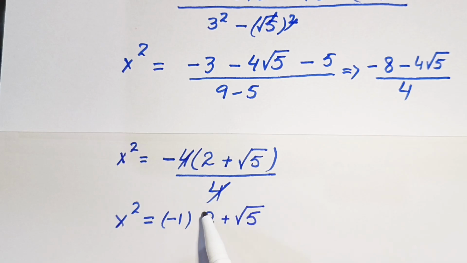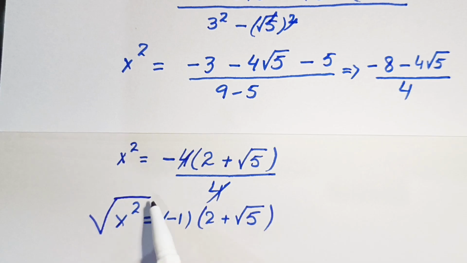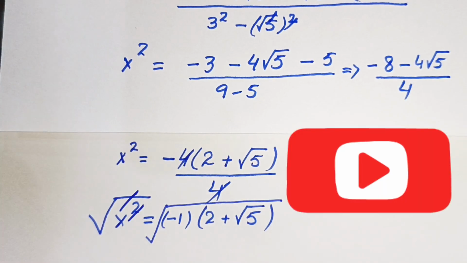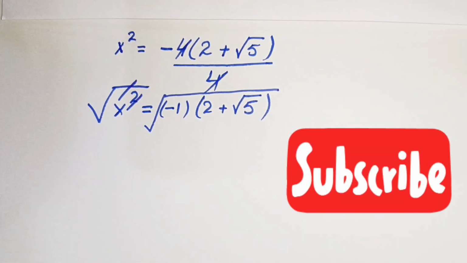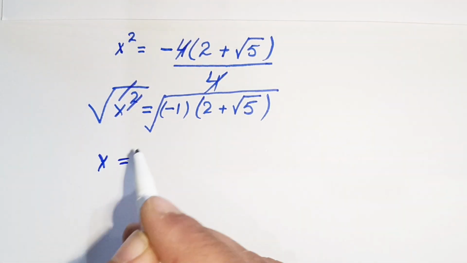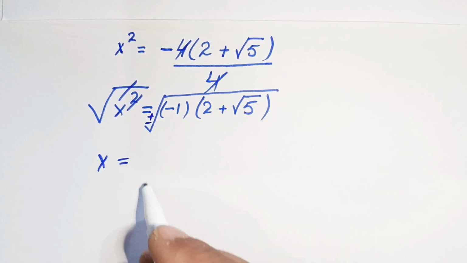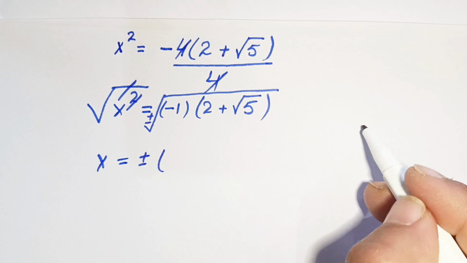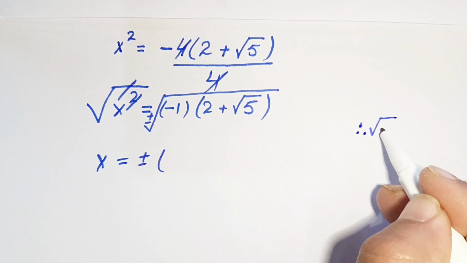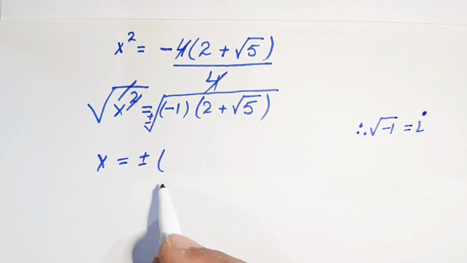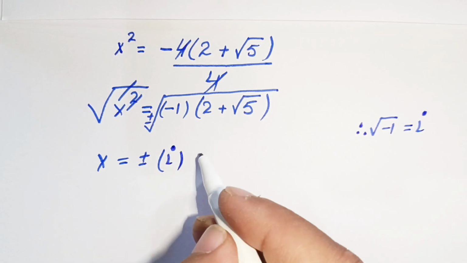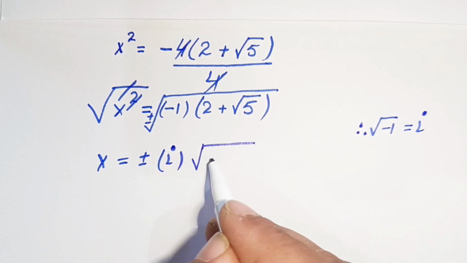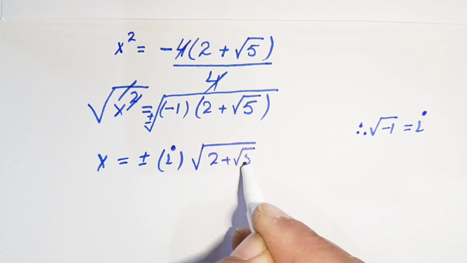So now if we take square root on both sides, cancelling square with square root, we have x is equal to plus minus square root of minus 1 times (2 plus square root of 5). We know that square root of minus 1 is equal to i, which is iota, so x is plus minus i times square root of 2 plus square root of 5.